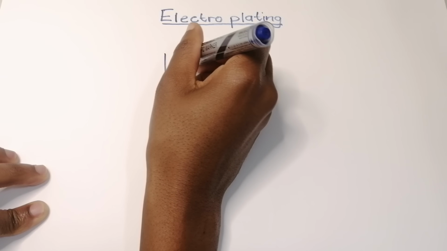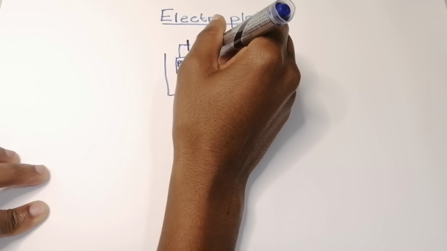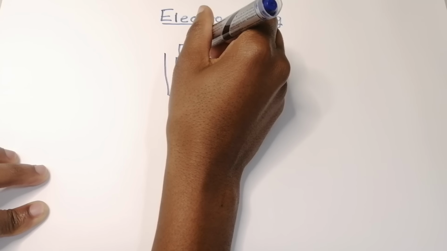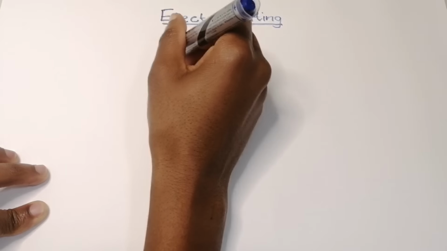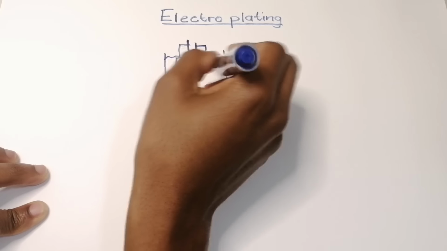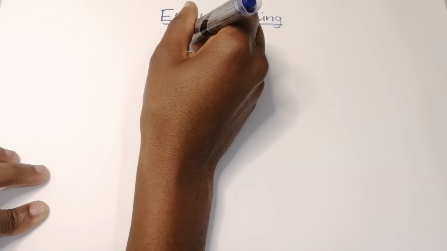I want to plate a ring with platinum. So I'm going to connect the pure platinum on the positive side. I'm going to connect my ring, because I want the platinum to come this side, to the negative side of my cell.